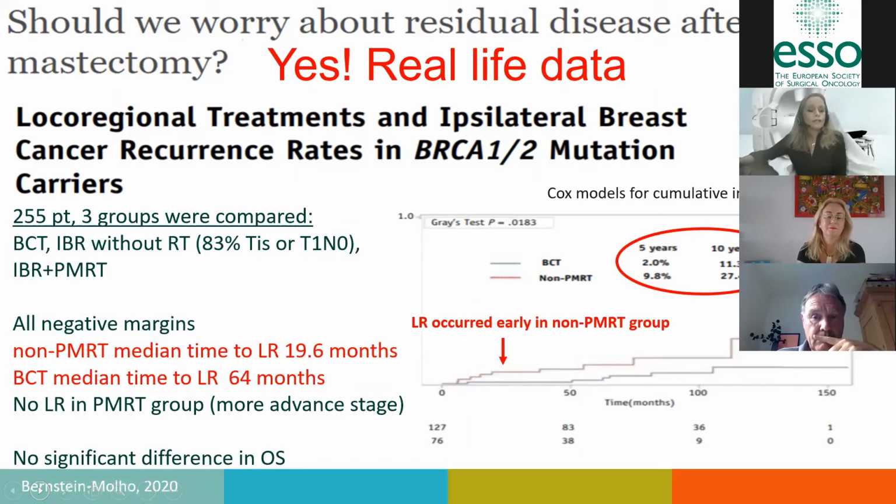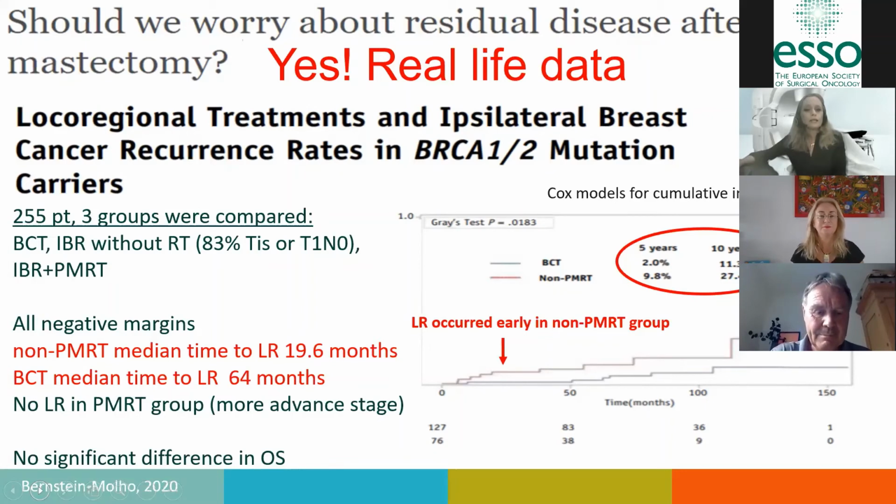In all of these cases, the pathology reported negative margins, but in the non-post-mastectomy radiation group, the patients with very early disease, we had significantly more recurrences, and those recurrences occurred very early. The median time to local recurrence was 19 months.